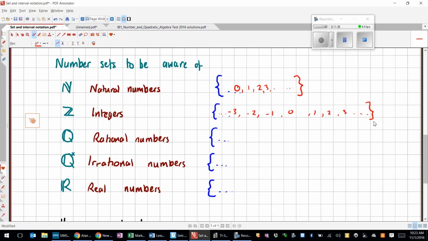By the way, you can have extra signs: if I put a little plus by the Z, that would say only positive integers. Is 0 a positive integer? It's not, because it's not positive. It's also not negative. It's neutral, the Switzerland of numbers.